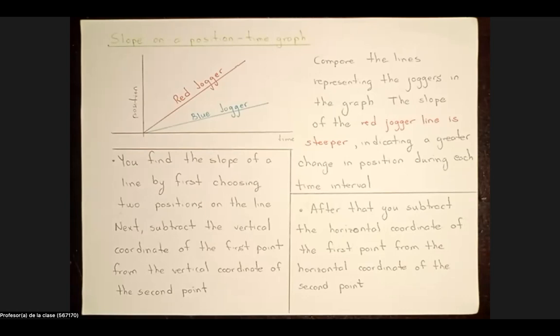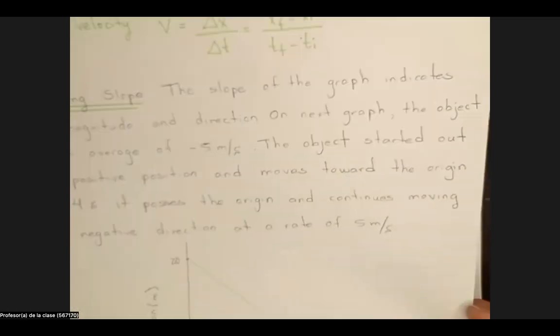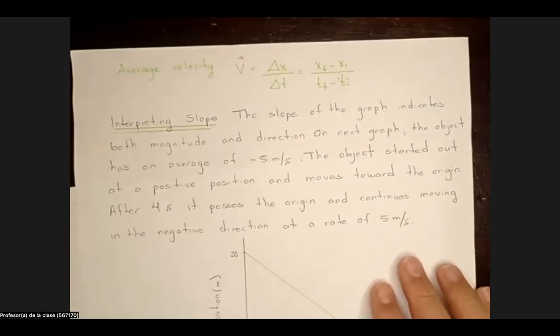Next, subtract the vertical coordinate of the first point from the vertical coordinate of the second point. After that, subtract the horizontal coordinate of the first point from the horizontal coordinate of the second point. It sounds difficult, but it's not. Look at the formula.